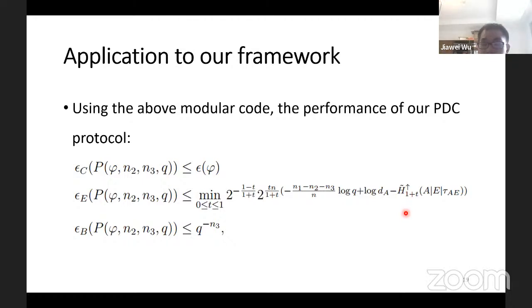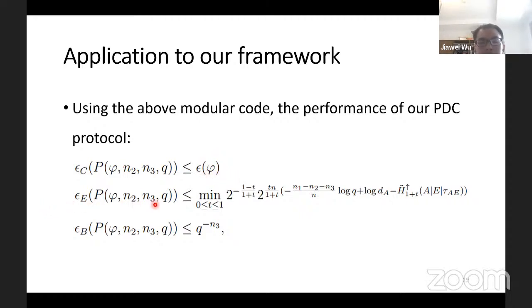Applying the above result on the quantum wiretap channel to our private dense coding framework, we get the performance of our protocol. The first is the completeness. The completeness relies on the performance of the error correction code. This differs in different cases.